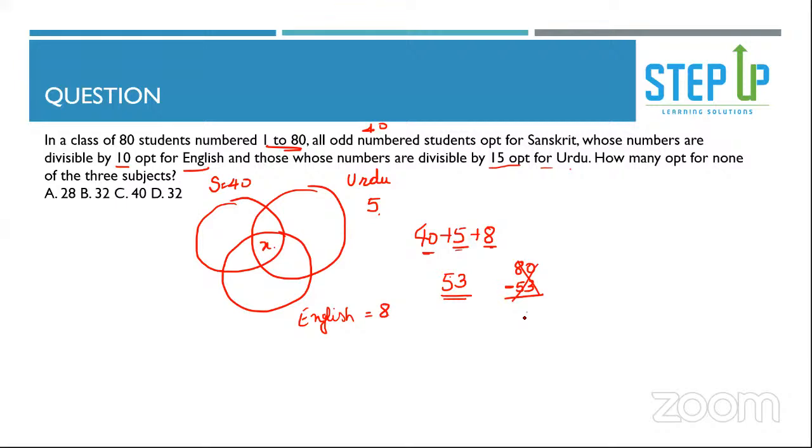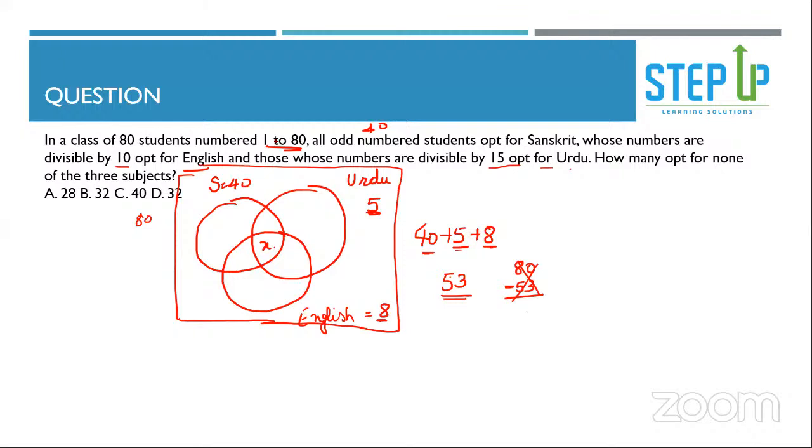Ma'am, we have a total 80 students. Out of these, 40 are even, 40 are odd. In the question, there are given the numbers which are divisible by 10, like 10, 20, 30, 40, 50, 60, 70, 80. 10 is English.